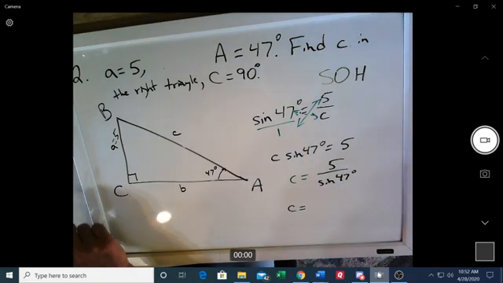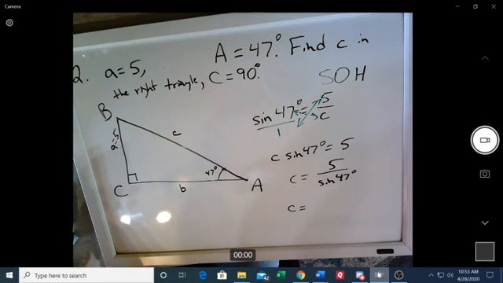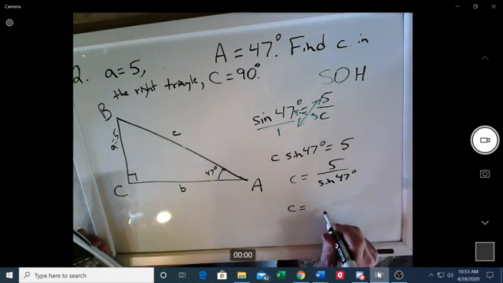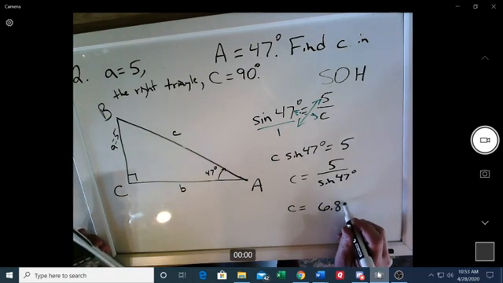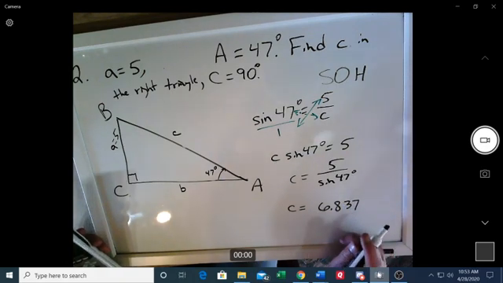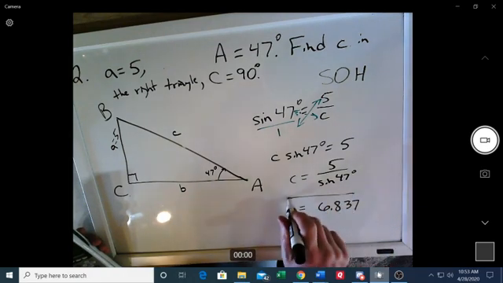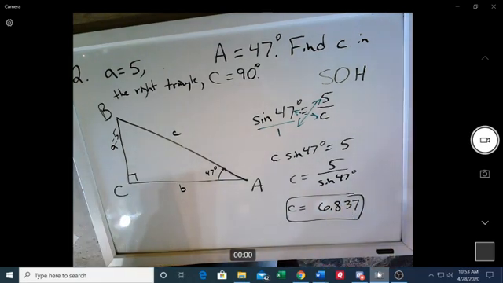I'll punch this out in my calculator, check my mode. I was in radians, so I have to go back to degrees. And then I'm going to go 5 divided by the sine of 47. So we got our side length from this.